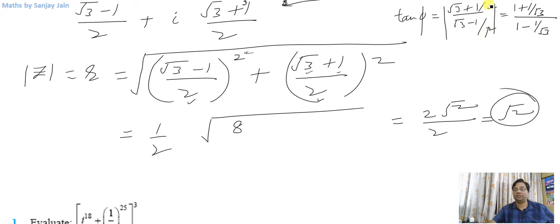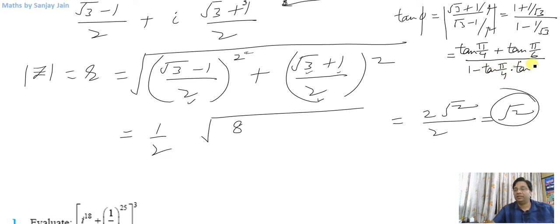This 2 is cancelled. So what is 1? For tan, it is tan pi by 4, and what is 1 by root 3? It is tan pi by 6, and in the denominator I can write it as 1 minus tan pi by 4 into tan pi by 6, because tan pi by 4 is 1.